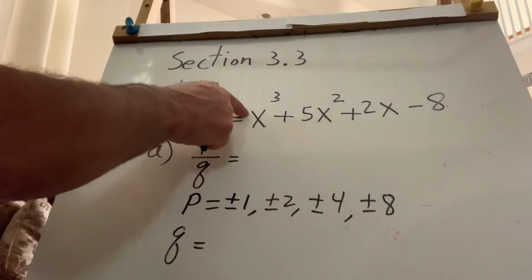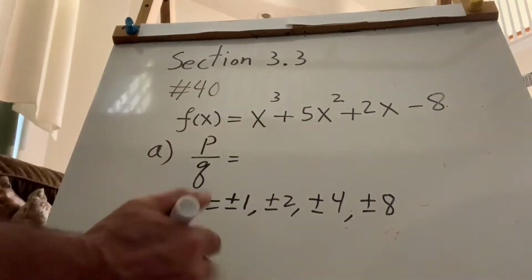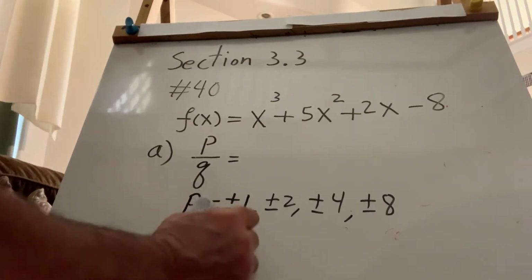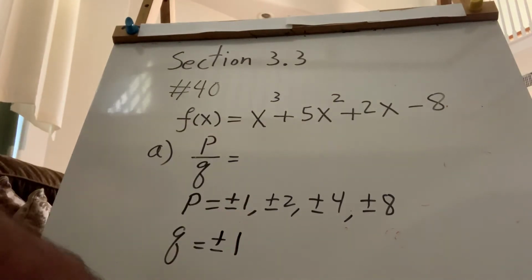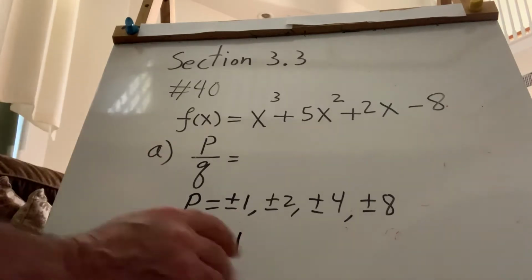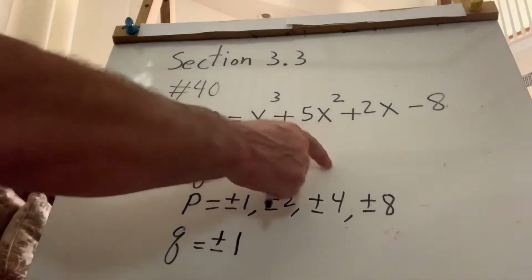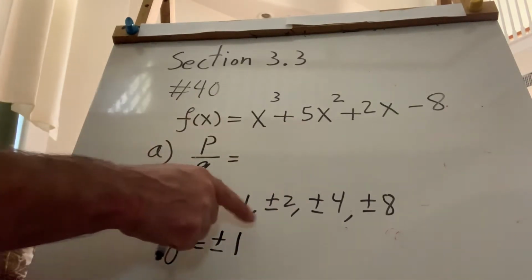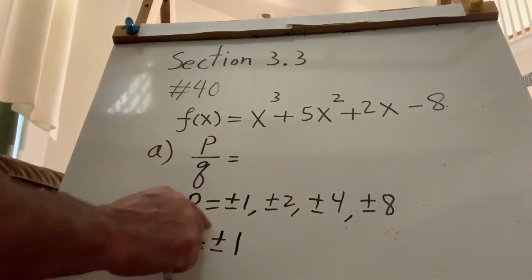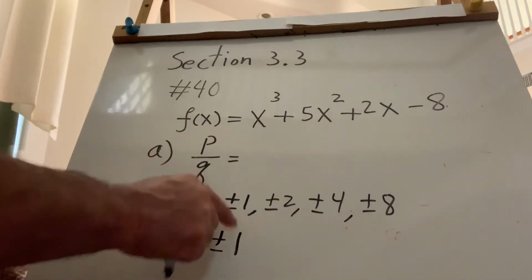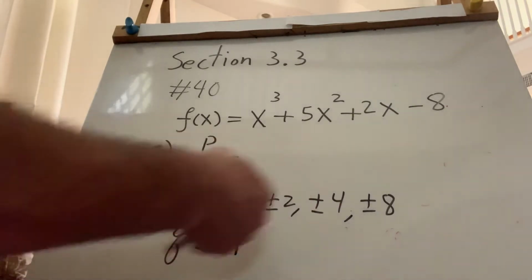Except in our case, since the leading coefficient is 1, there are only 2 integer factors of 1, which of course are plus or minus 1. So what also makes this special is that when you list all the p over q's, if you take every p divided by the q's, since the q's are plus or minus 1, any number divided by plus or minus 1 will give you the same number back.